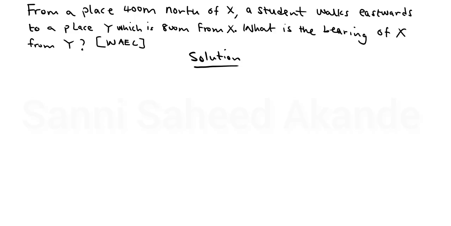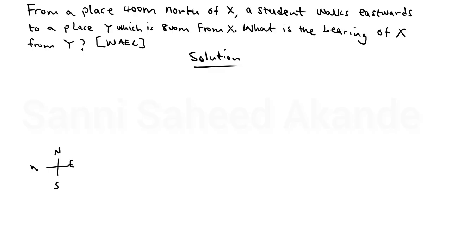Let me first of all start by sketching out the 4 cardinal points here. So here now we are having north, south, east, and then west. Is that understood? So that is the whole essence of me writing these 4 cardinal points here.